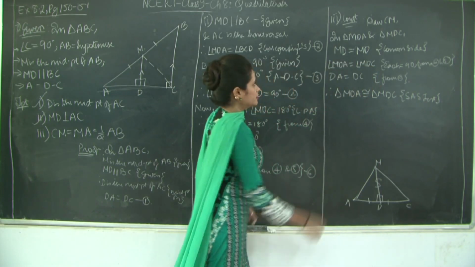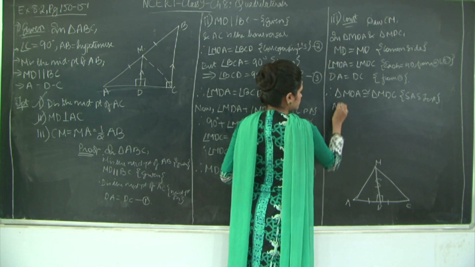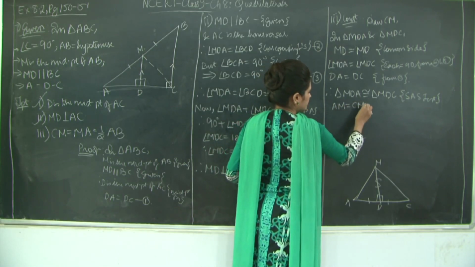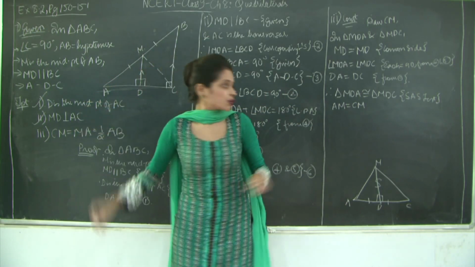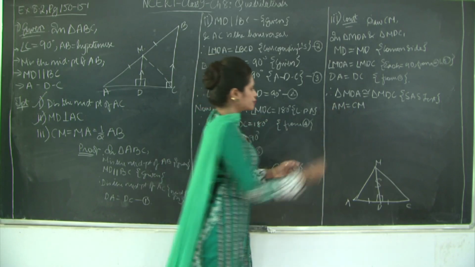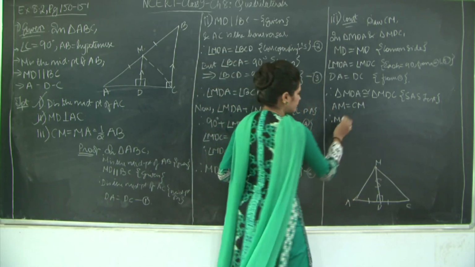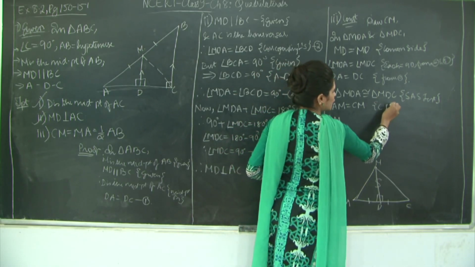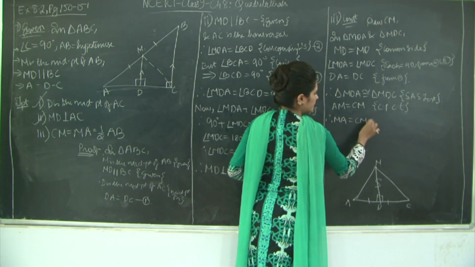Therefore, I have MA or AM is equal to CM. Correct? But what do I need to prove? That CM is equal to MA. So, instead of AM out here, I am just going to write MA. Correct? Because AM and MA are the same. First of all, this is through corresponding parts of congruent triangles. Therefore, MA is equal to CM.